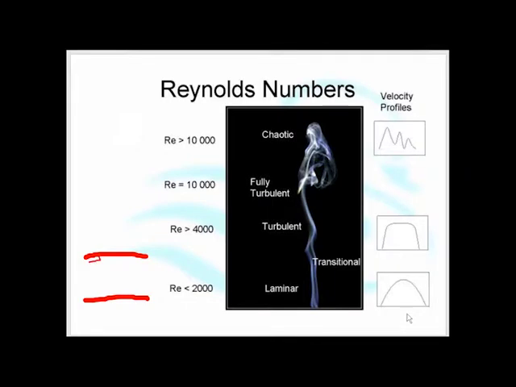So on the outside it's going at 0, and then the next bit is going a bit faster, the next bit's going a bit faster, and then it comes back out again. It's flowing in layers, like tubes within tubes.